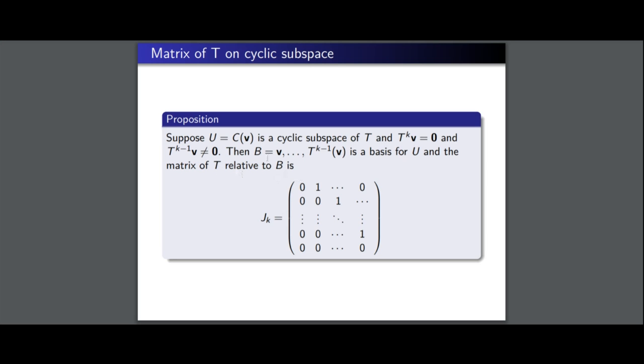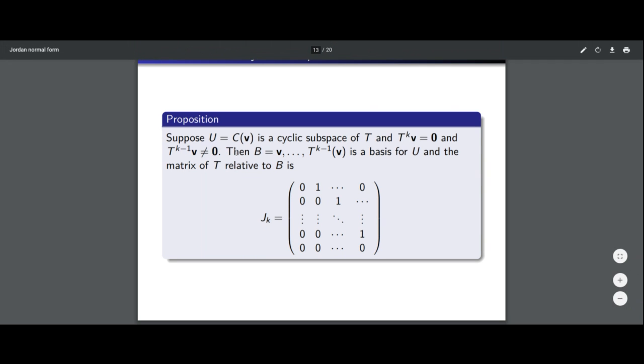Then the cyclic subspace is the span of v, t of v, t squared of v, all the way up to t to the k minus 1 of v. But this proposition says that under these conditions, that t to the k of v equals 0 and t to the k minus 1 of v is non-zero, then this is a basis for the cyclic subspace.